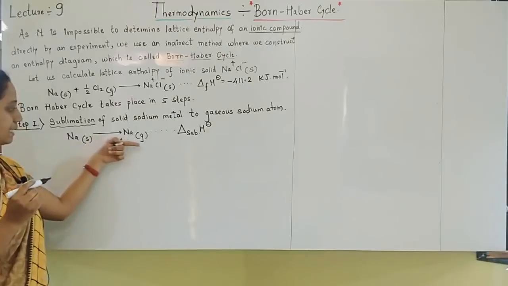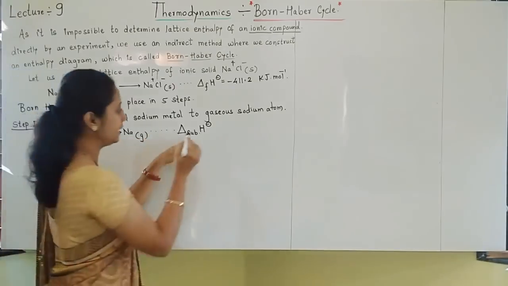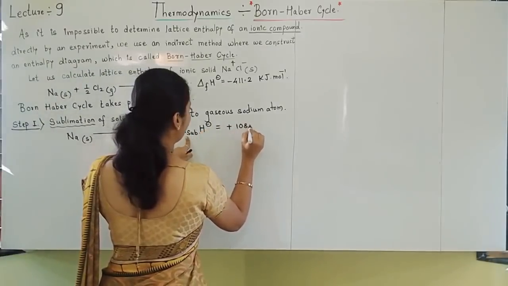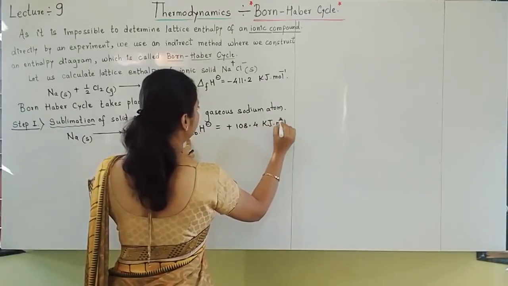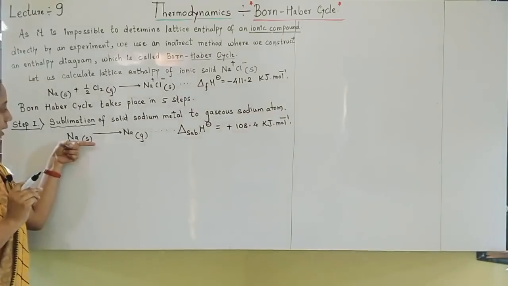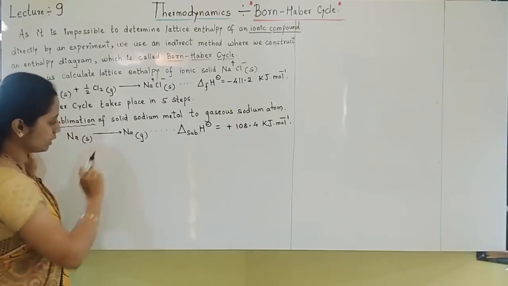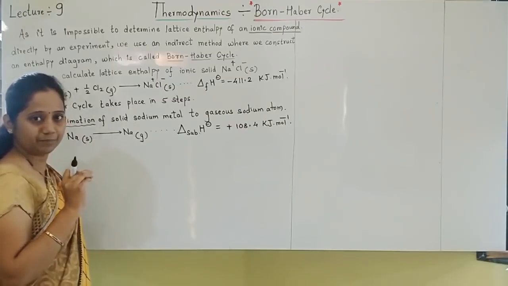When solid sodium gets converted to gas, the sublimation process takes place. The enthalpy change taking place is 108.4 kilojoules per mole. Of course, you know that when solid is converted to gas, heat is supplied, heat is required.